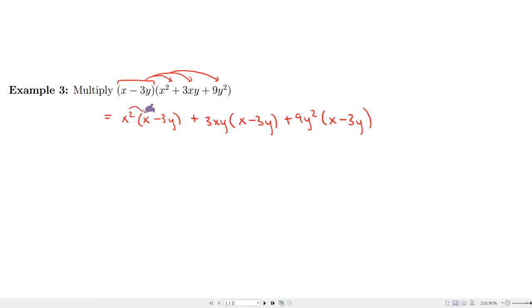So the x squared will get distributed, and we will have x cubed, right? Because this is essentially x times x times x times x, so that's x cubed. Or you could use the rule where you add the exponents.